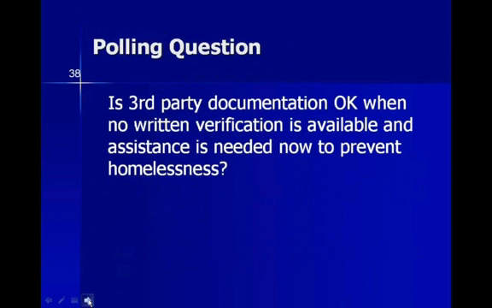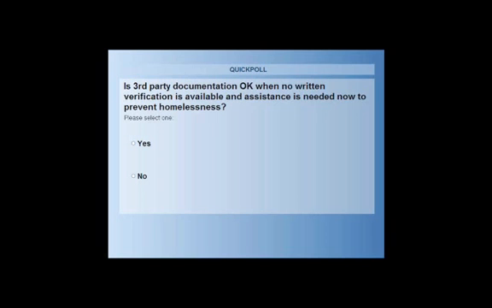We have our next and our last polling question. So if we can open up our last poll here. And the question is: third-party documentation okay when no written verification is available and assistance is needed now to prevent homelessness?